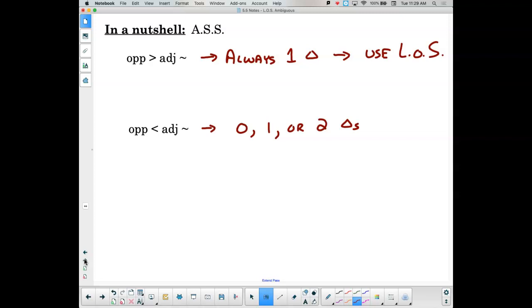So the first thing that you need to check is your angle. If the obtuse angle is given, no triangle.